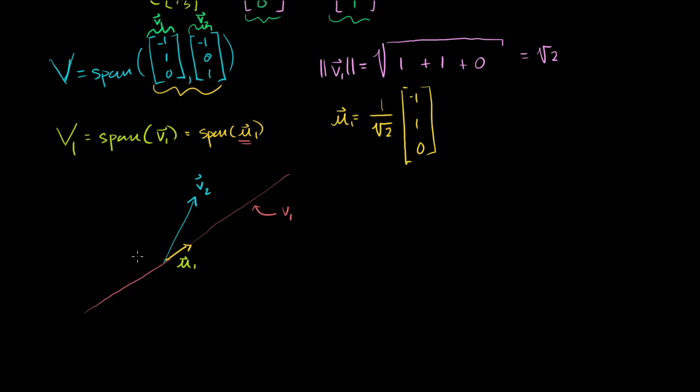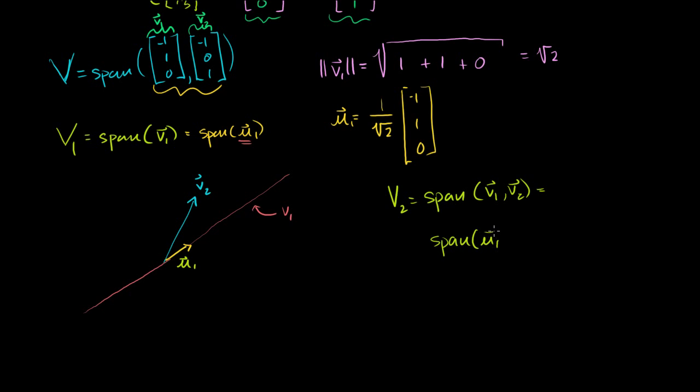And what we want to do is define a subspace V. Well, I'll call it V2 for now, but V2 is equal to the span of v1 and v2, which is the same thing as the span of u1 and v2, since anything that's spanned by v1 is also spanned by u1.